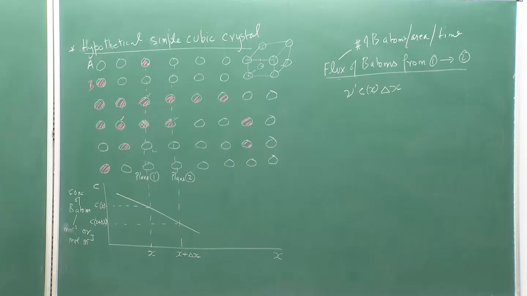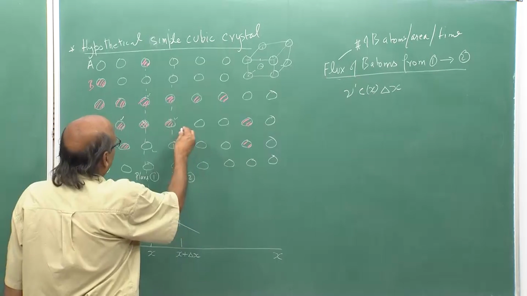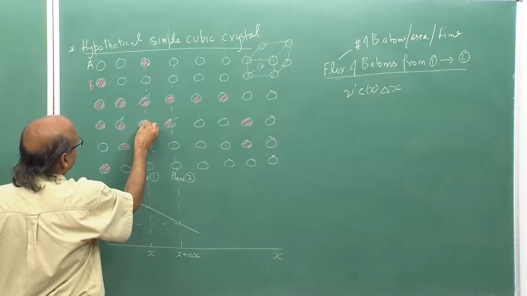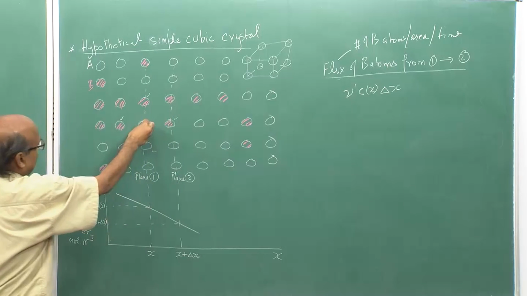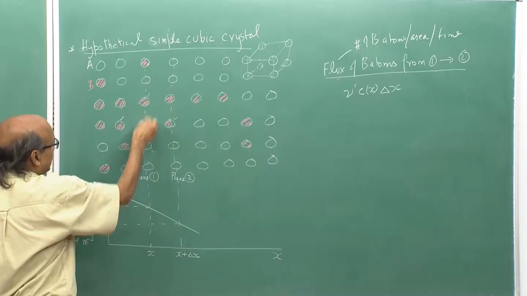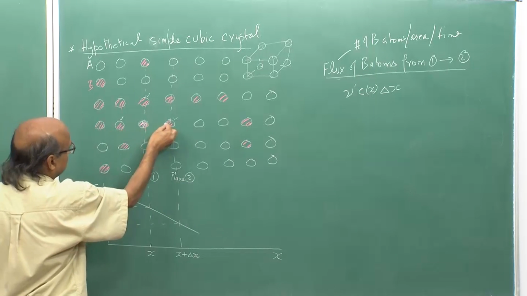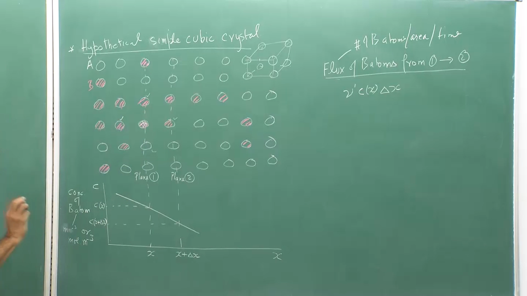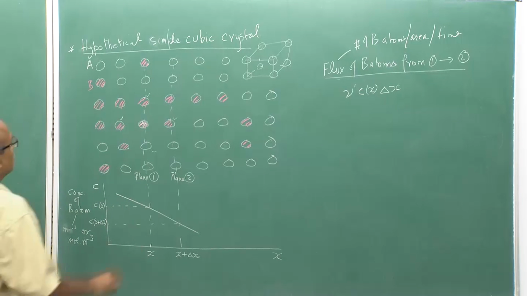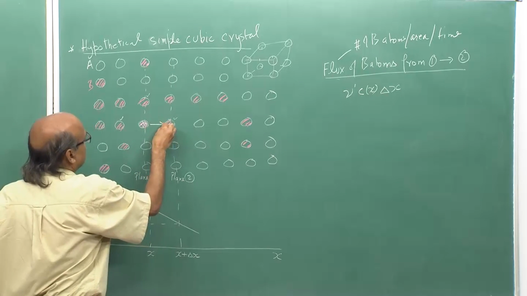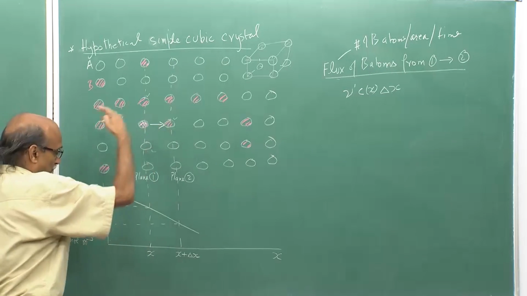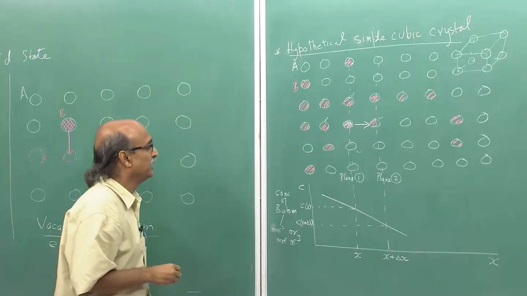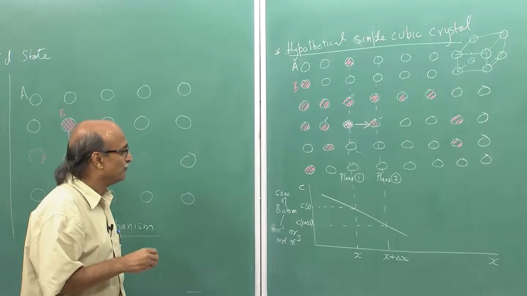If this is the atom I am considering, it can jump here, here, here, here, at the top atom or at the bottom atom, a total of 6 possibilities, out of which only one possibility will take this B atom from plane 1 to plane 2.